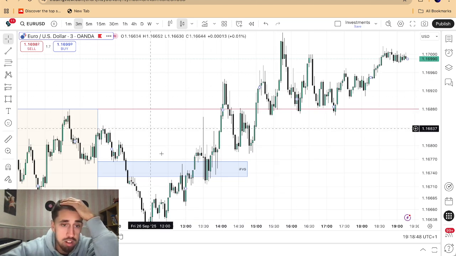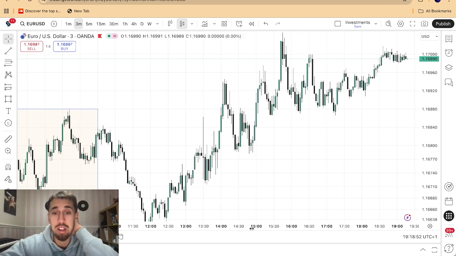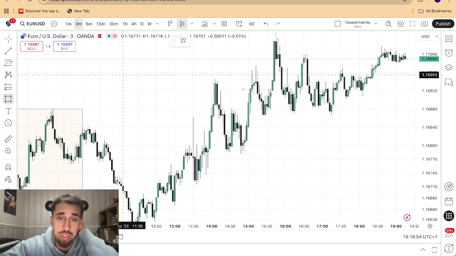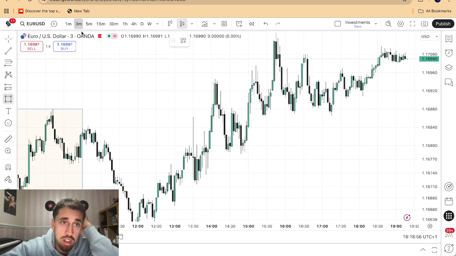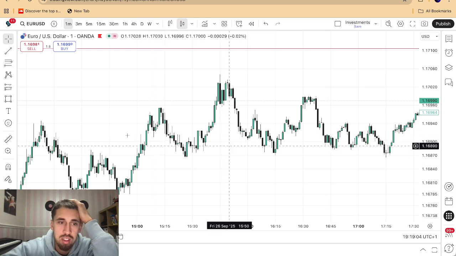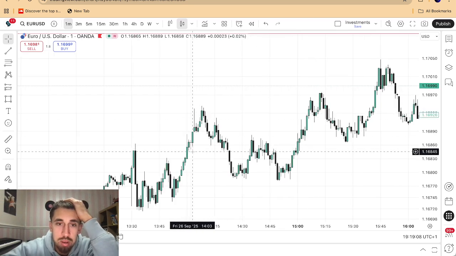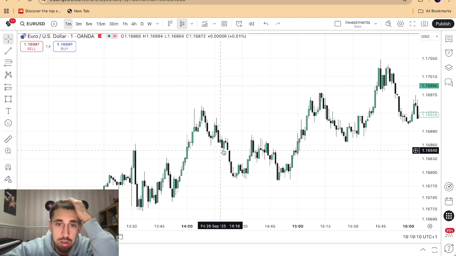I think the reason that it didn't go is purely because the accumulation wasn't a true accumulation. On the 3 minute, it doesn't look like an accumulation. On the 1 minute, where was it? This one. Yeah, this is it. On the 1 minute, you could argue it is because there's a bunch of lows there, 1, 2, 3.